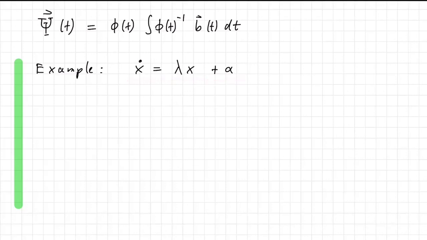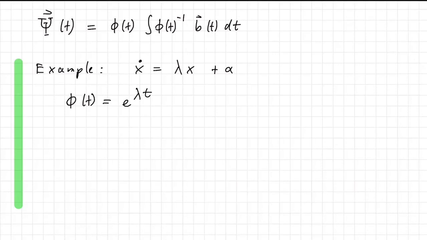Well, what we know is that it's a 1-by-1 equation, so it's just a single solution. We found it before, and we had phi of t equals e to the lambda t. So this is the basis of our solution. And then the general solution was c times e to the lambda t.